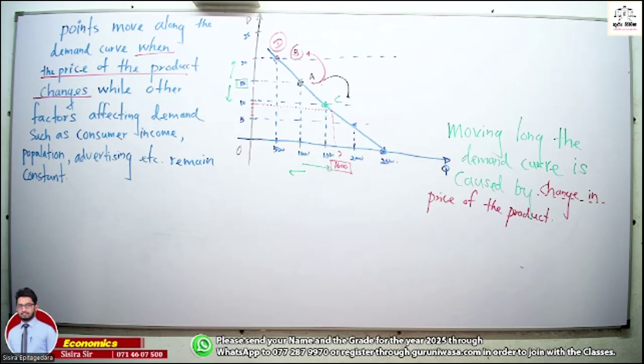In moving along the demand curve, what is the factor affecting it? No, not advertising. I'm asking, read it. Points move along the demand curve when the price of the product changes. Here, other factors remain constant.